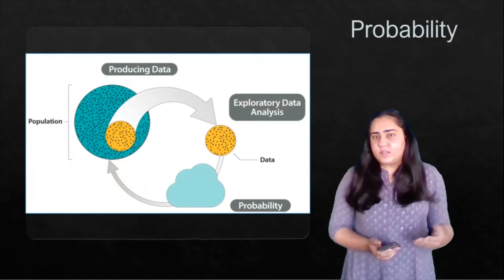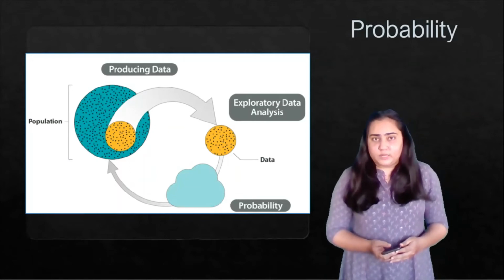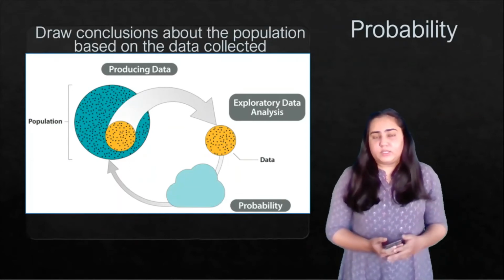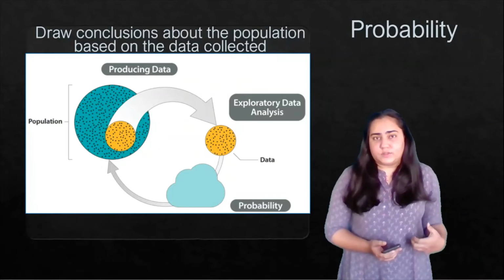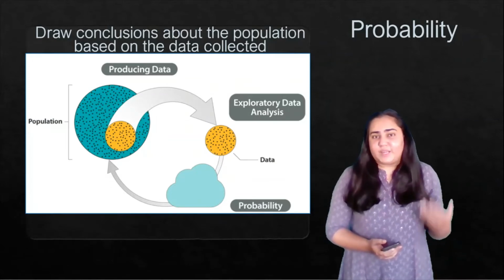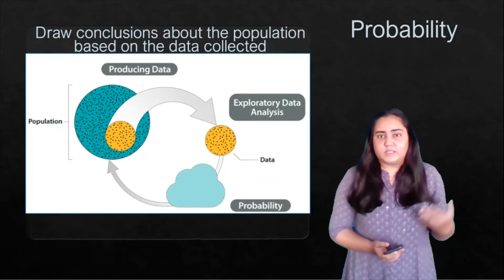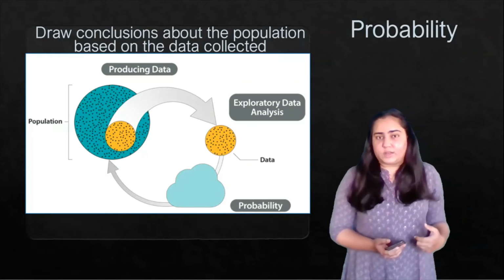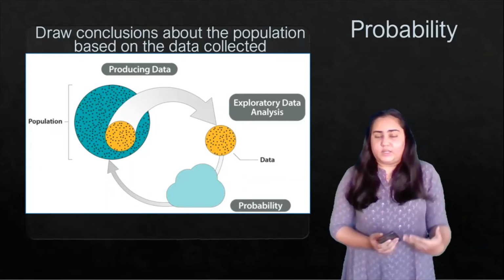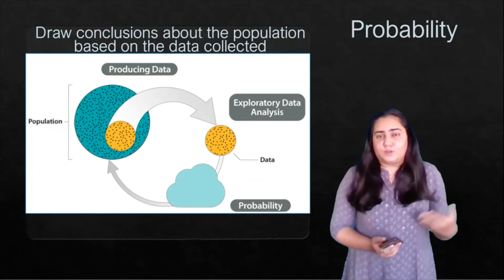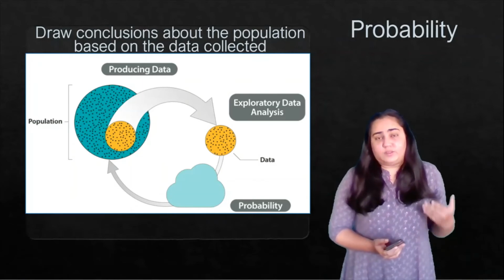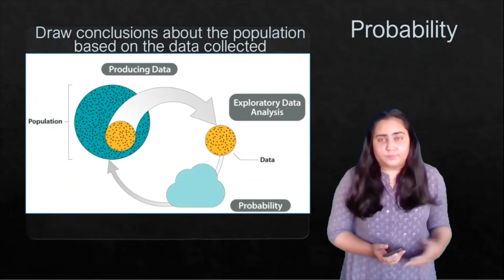And then the next thing we deal with is probability. Probability allows you to draw conclusions about the population based on the data collected. And if you do not get all these steps right now, don't worry. A little bit later, I'm going to explain this to you with a real world example.